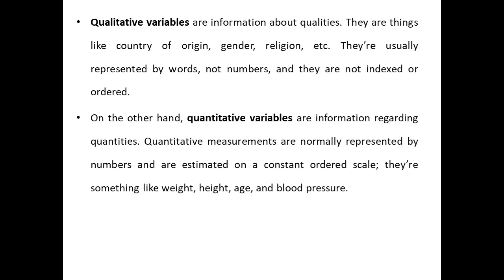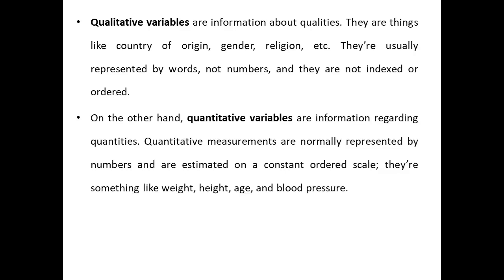This is the qualitative data. We can't measure country of origin, gender, or religion. Usually it is represented by words, not a number. So these are referred to as qualitative variables.